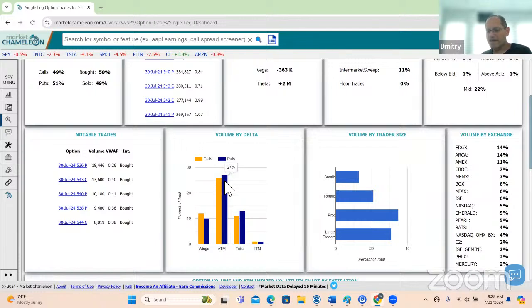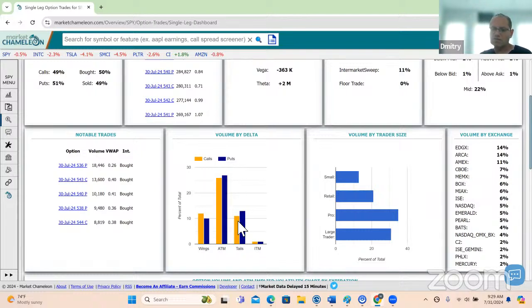Then we have the tails. The tails are options that are already far out of the money, so you need a significant move in the stock for it to reach there, given the stock's volatility and the implied volatility. So what are the tails here?